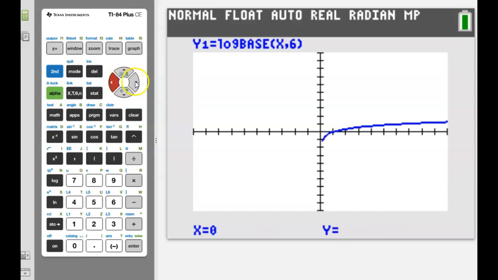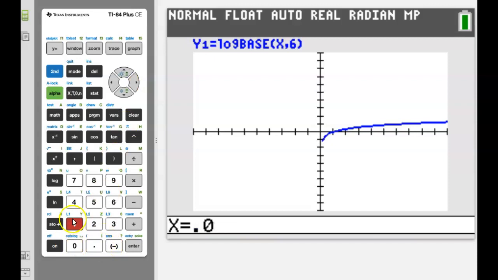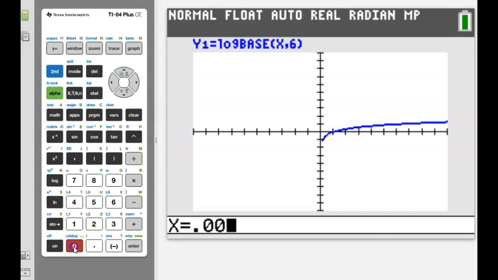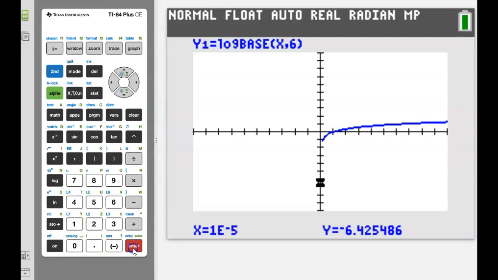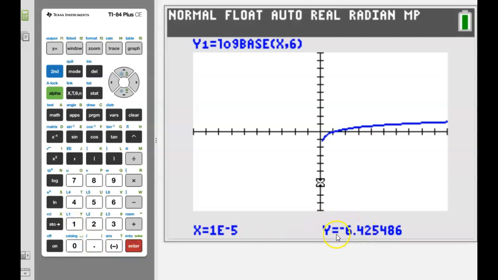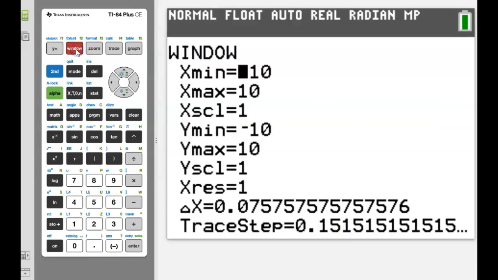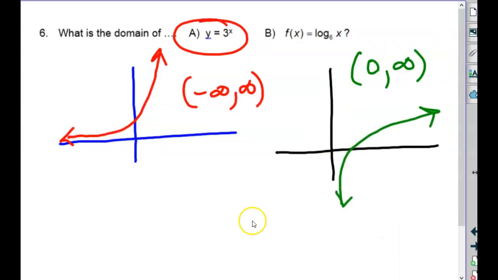But if you were to say positive 0.01, it is down at -2. If you did positive 0.0001, it is getting closer and closer to 0 here, but it is still going. Questions?